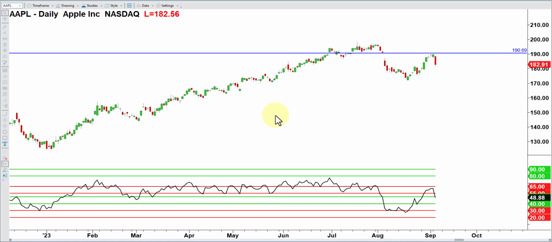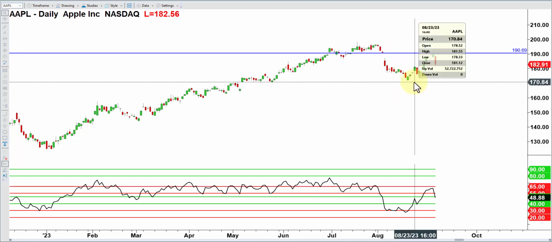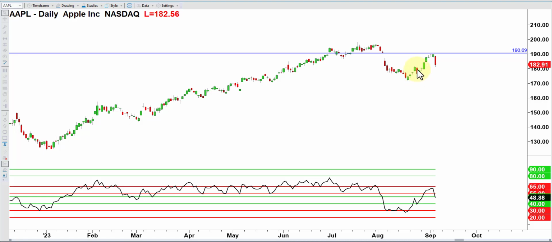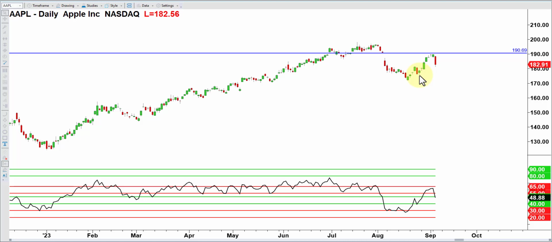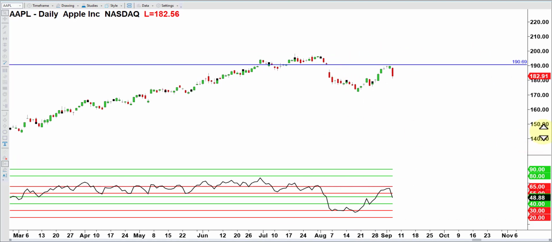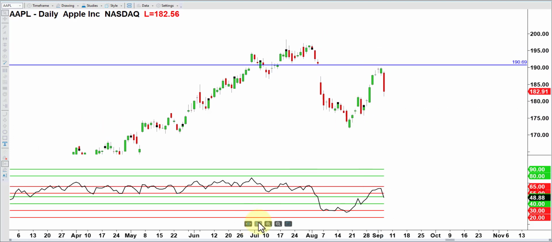Okay, so what we did have was actually this most recent move here. So coming down from the August 23rd high, we had this red candle. So if you had followed just the red candle, you might have been scared out of a long position or even gone short. And then the next day would have told you, hey, that was a false alarm, we're actually resuming higher. So I don't see any other examples in the move since January, so let's stick with the one that's here.